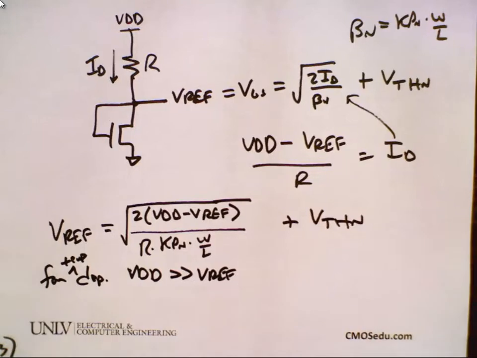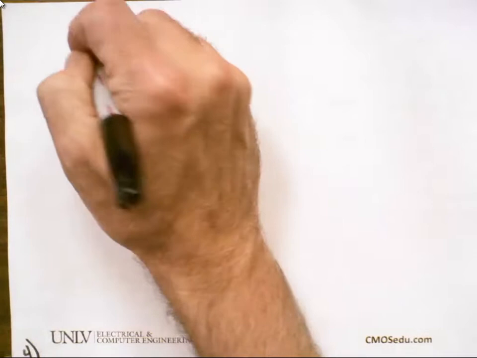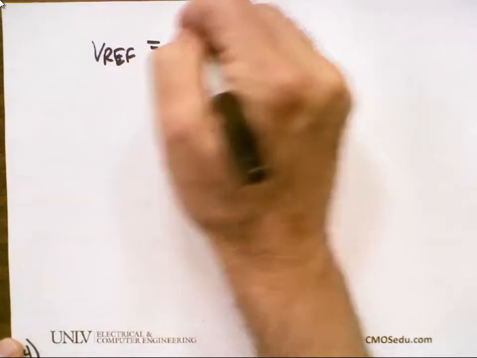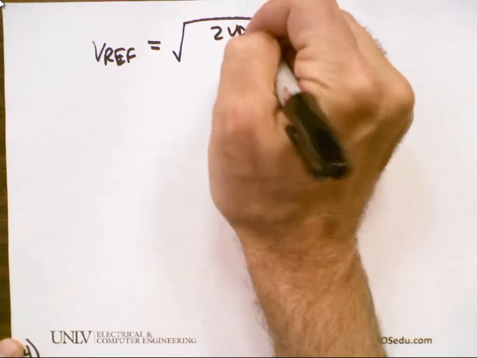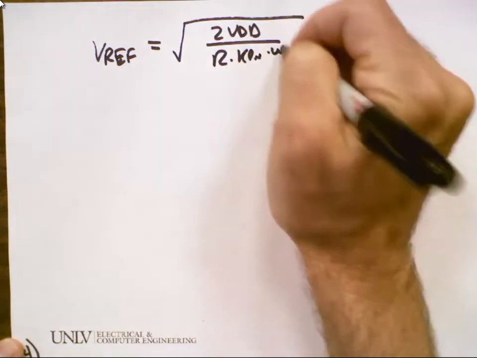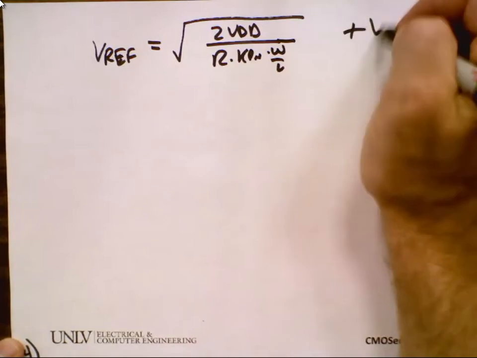Okay, so now I'm going to do the derivatives, and we're going to go through this because we'll do this over and over again, and I want you to be able to go through the math, okay? So let's write now, with that assumption, Vref is equal to the square root of 2 VDD all over R times Kp sub n times W over L, plus V threshold n.